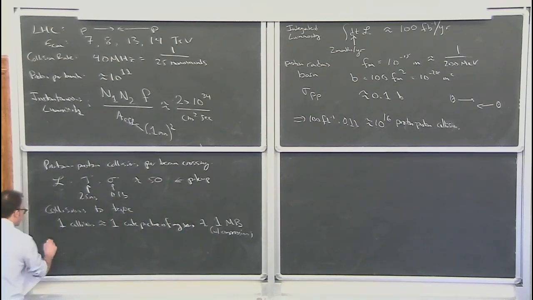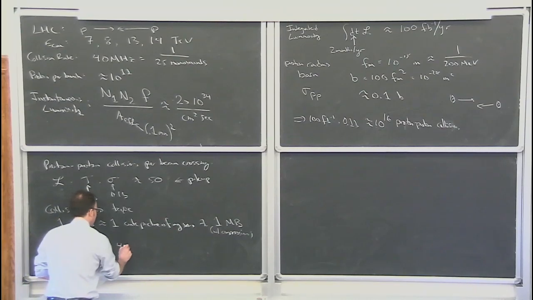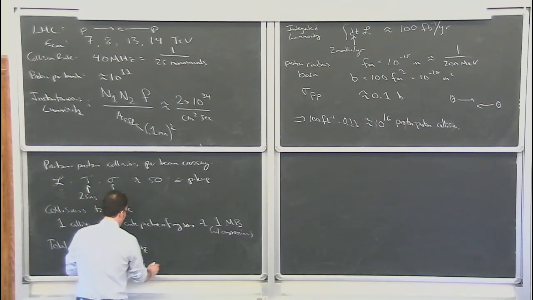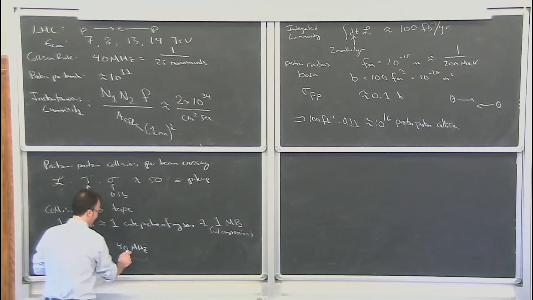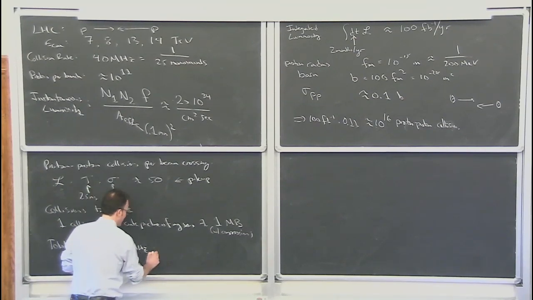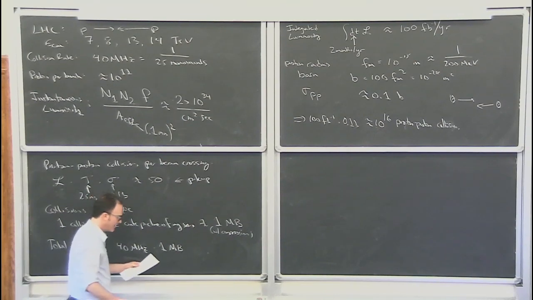And so the total data-taking rate that I have is 40 megahertz, that's the actual rate at which things are colliding, times 1 megabyte.